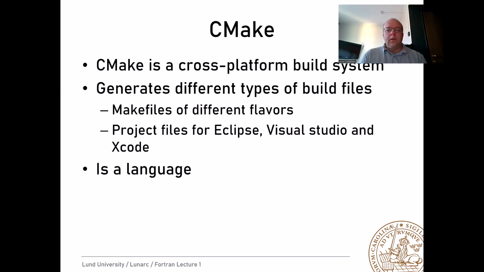It can generate project files for different development environments, Eclipse, Visual Studio, and Xcode. And it's actually a complete language. So you define your projects in a much more intuitive way than you do with makefiles. It will still provide the benefits of Make, because if you generate makefiles, it will generate all the dependencies for you, and it will build only the things that have been modified.